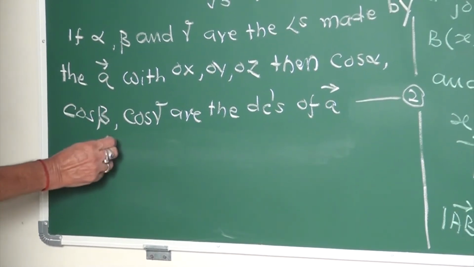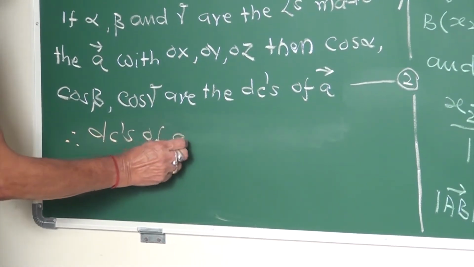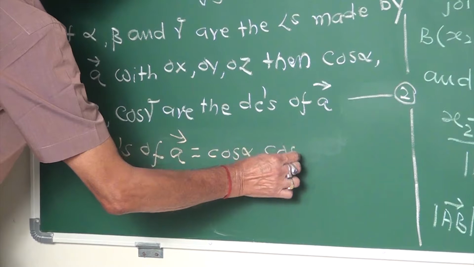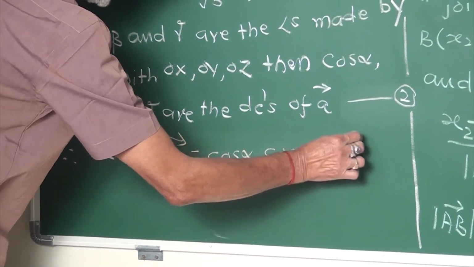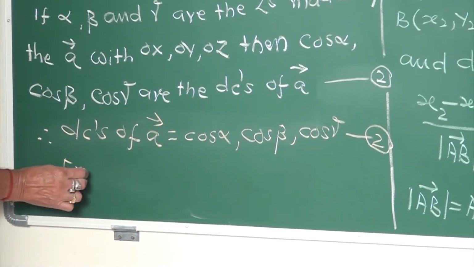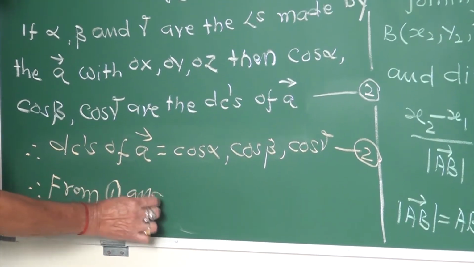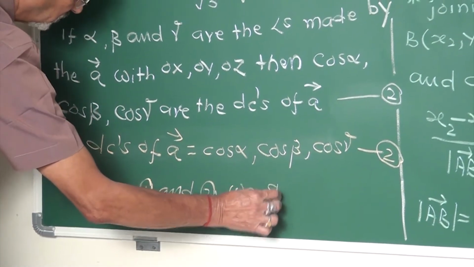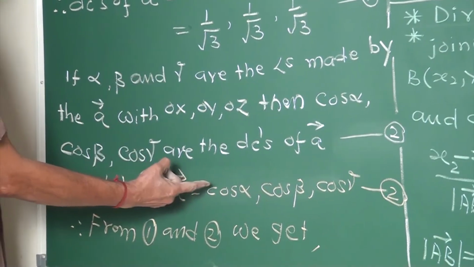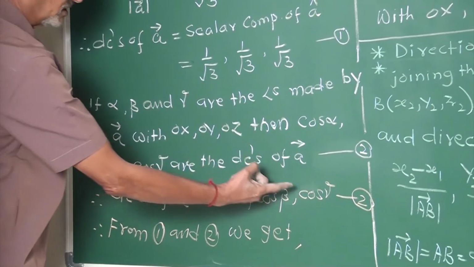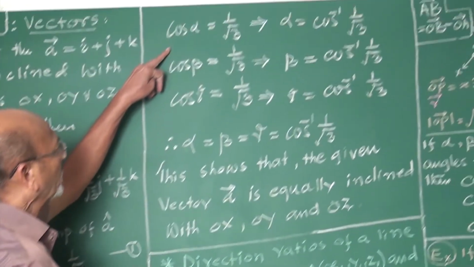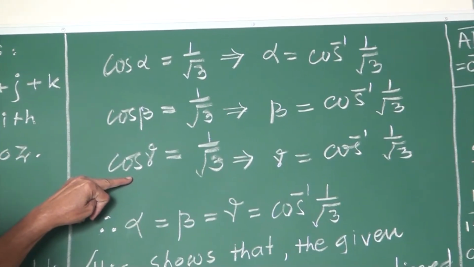Therefore, from 1 and 2, comparing them, we get cos alpha is 1 by root 3, cos beta is 1 by root 3, cos gamma is 1 by root 3.